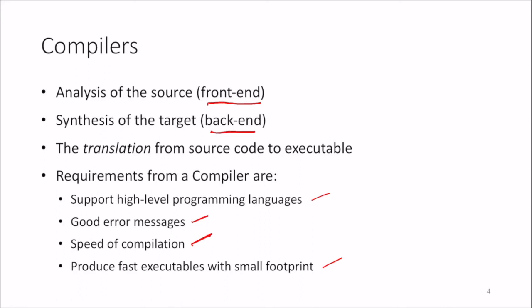When it produces the executable at the end of this process, it should run quickly, and ideally should have a small footprint. It should not be a very huge binary file. The smaller the better. So these are just the desired requirements of a compiler, and different compilers achieve this to some degree. Some are better than others in some of these aspects.